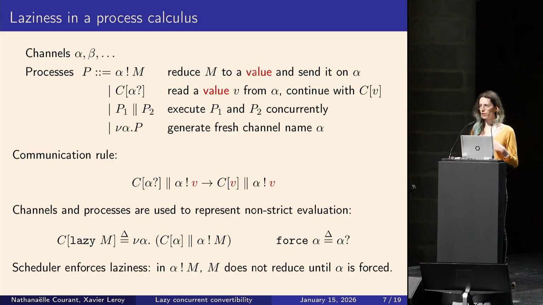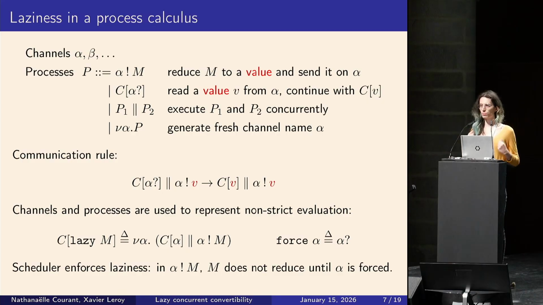So we have an infinite set of channels, alpha, beta, and so on, and processes which can reduce a given term M to a value and send it on a given channel alpha. They can be any term, and they may use alpha question mark to read a value from alpha and continue once the process on alpha has finished computing a value, and continue with that value.